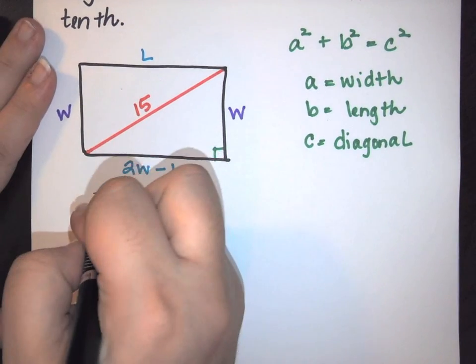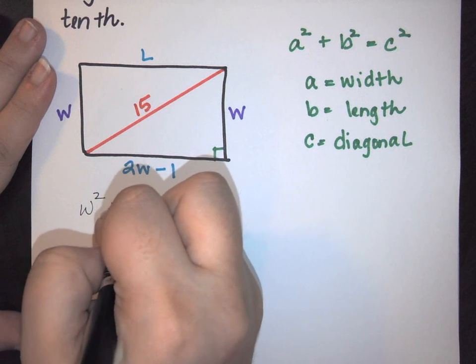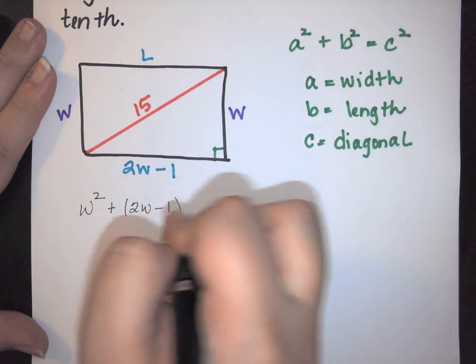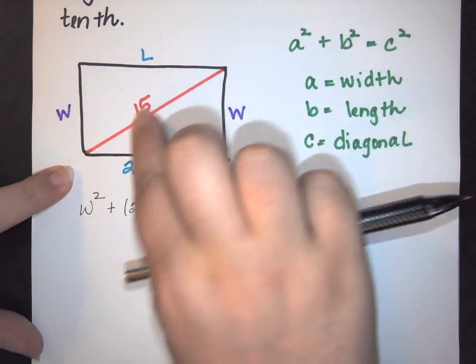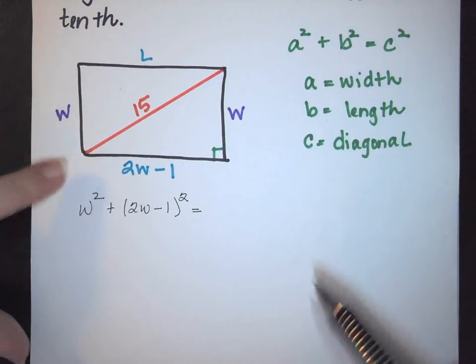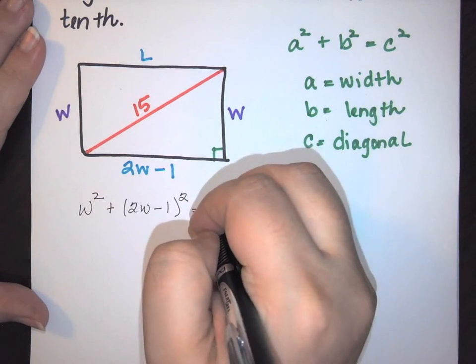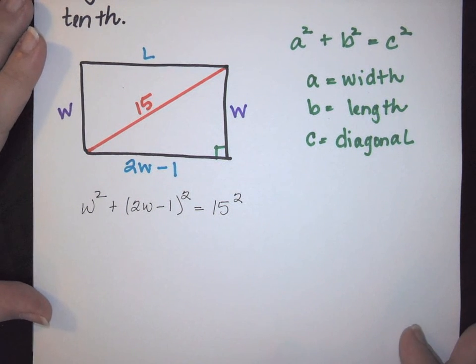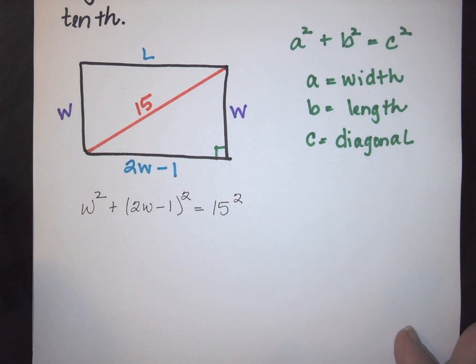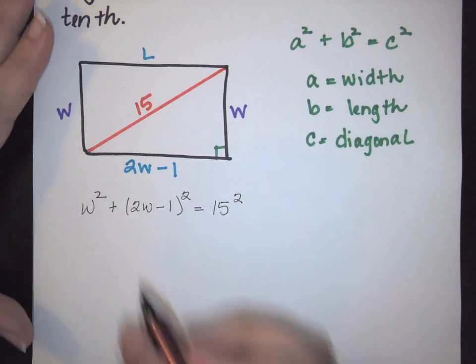And so here we're going to add this to 2w minus 1, and we are squaring it. Now, the diagonal here was given to us as 15. So this whole thing equals 15 squared. So we've set ourselves up a quadratic. So now we simply need to start working on solving that quadratic.